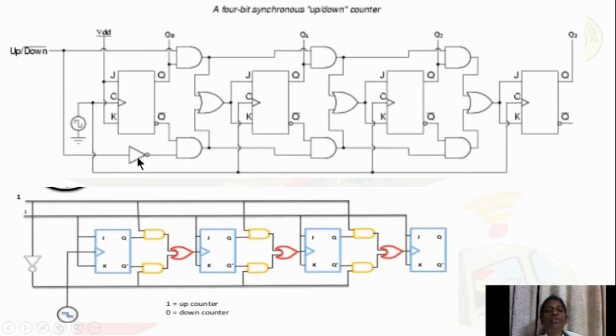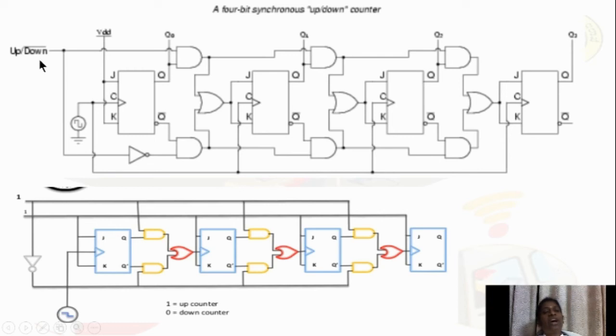This signal has to be inverted for enabling the lower AND gates. For that purpose, we connect the NOT gate here. And also, these outputs will be bubbled here, because these AND gates are enabled only for high inputs. To get the high inputs, it has been bubbled here and here also.